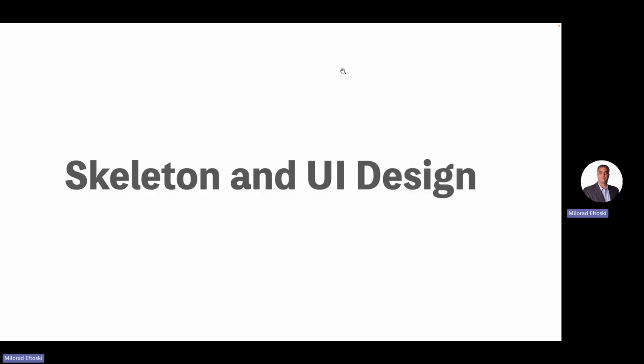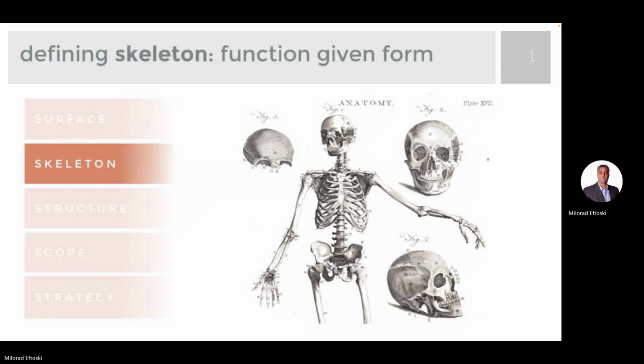So, skeleton and user interface design. This is the 4th module or plane of the whole UX Essential Strategy Guide. That's pretty much the rule of thumb for any user experience design. The skeleton is defined in terms of function given form, and it has a nice picture of a human skeleton because everything's interconnected.